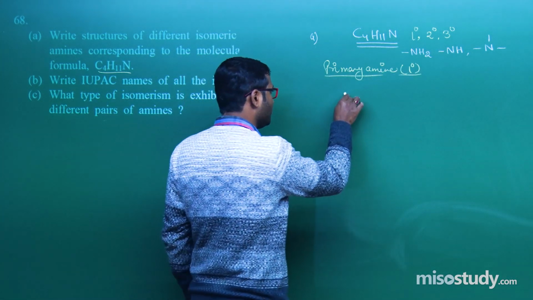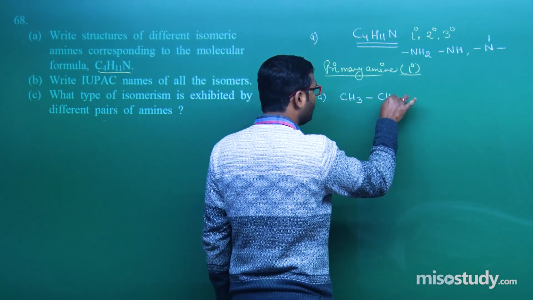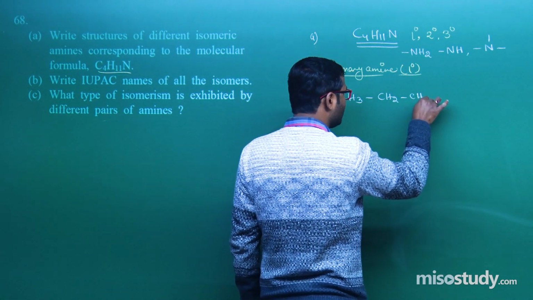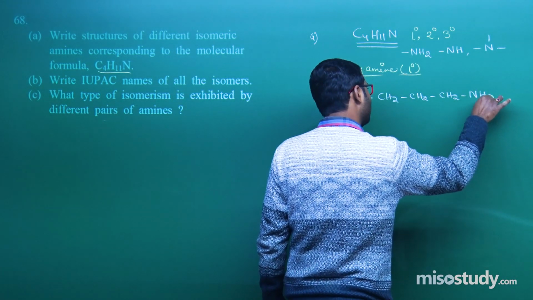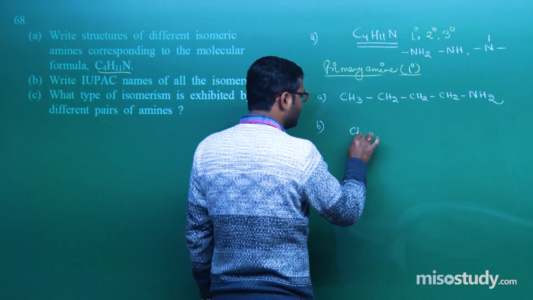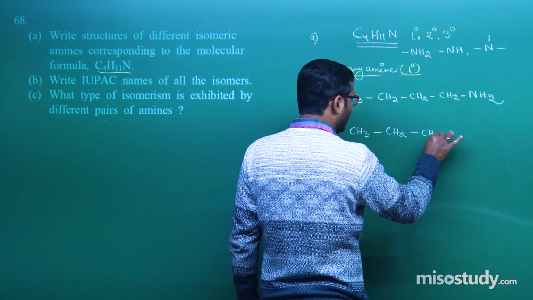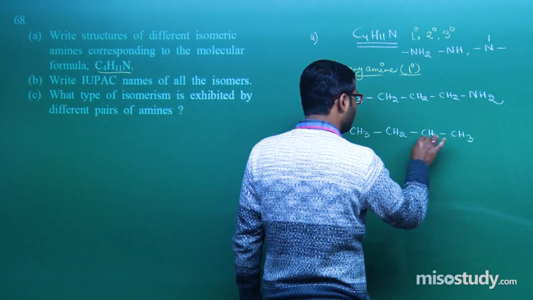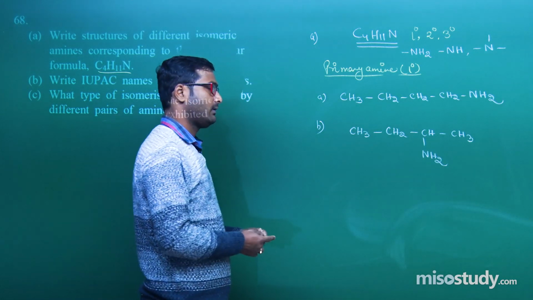Now draw it. CH3, CH2, CH2, CH2, NH2. Clear? The second one is CH3, CH2, CH, CH3, then NH2. What is the name?